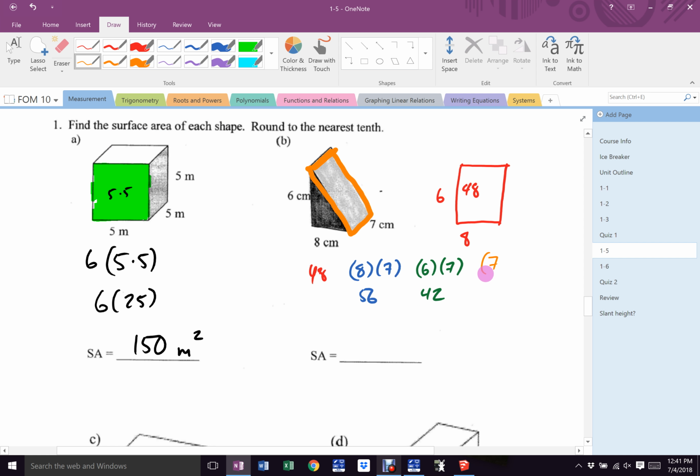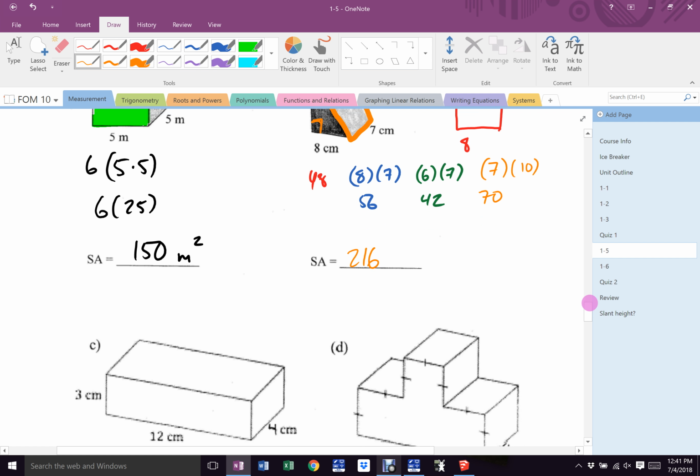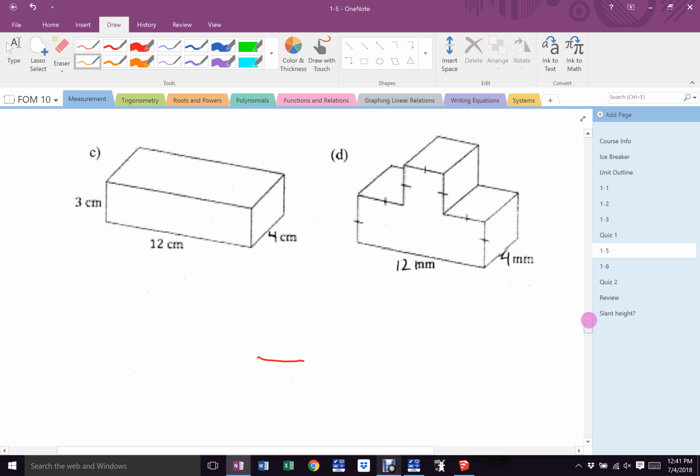Well, it's 7 by something, but I don't know. But you do know, because this is 90 degrees. So you know this is a hypotenuse, and it must be 10. Then you just add it all up. 48 and 42 is 90, and 70 is 160, and 56 is 216. Nobody should be having too much trouble with this.